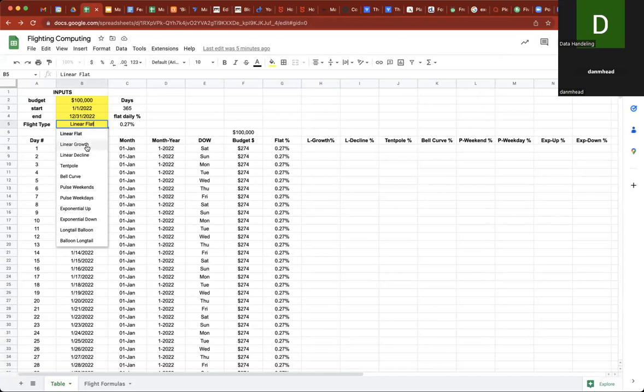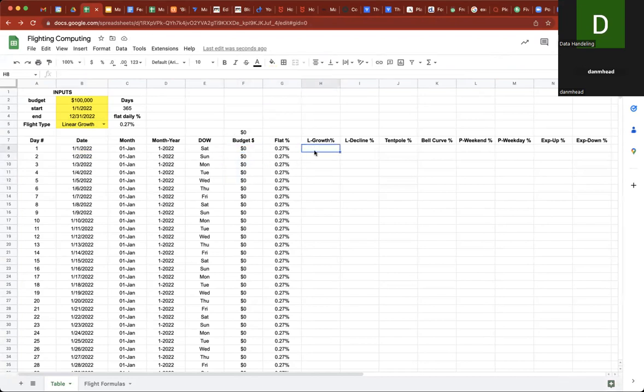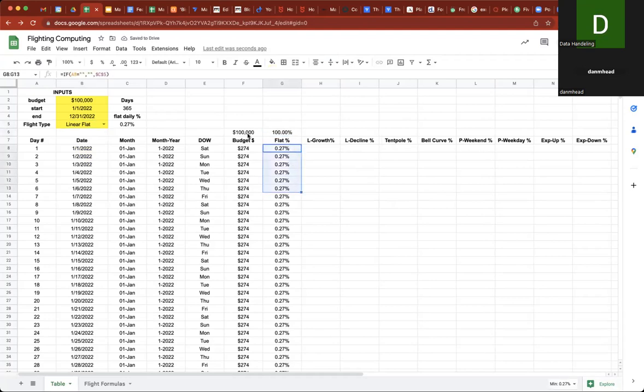What I have here is, if I were to select linear growth, the budget now goes to zero because it is referencing this cell. And what I'm looking for are percentages in that formula, the output being percentages. So for instance, this is 100%, which means in the flat file, when I select flat, because the total amount equals 100%, the total budget equals 100,000, which matches the initial budget.